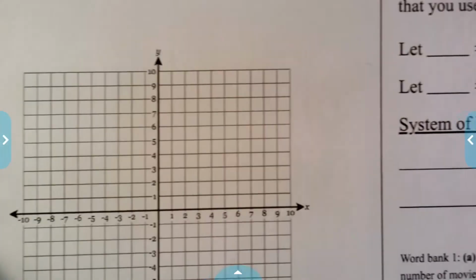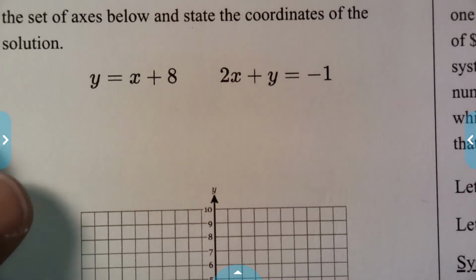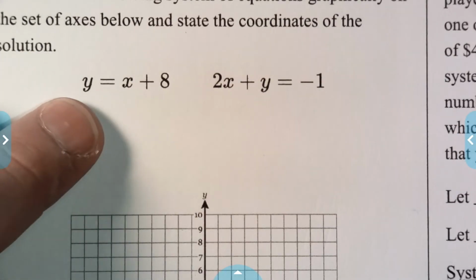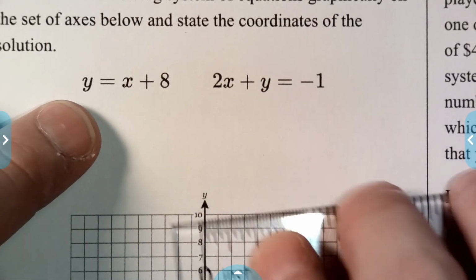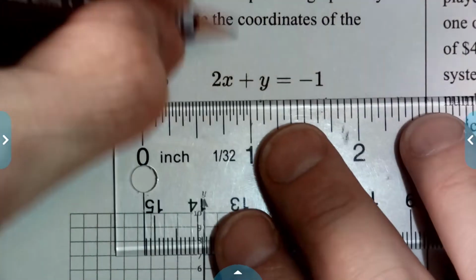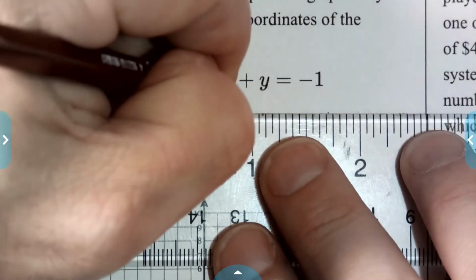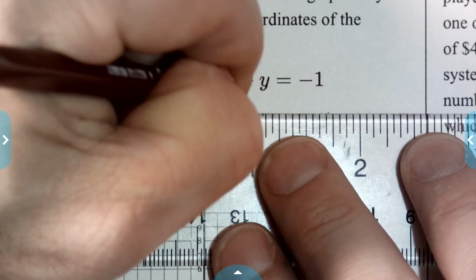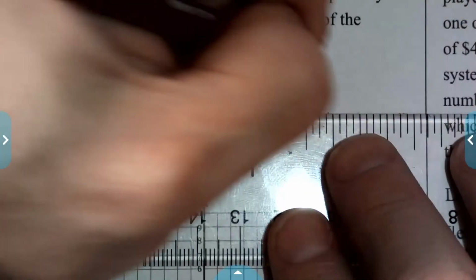Moving on to number 10. Same situation. They give us one in slope-intercept form and one in standard form, so they just want us to do this minimal amount of work here to get this thing into slope-intercept form.